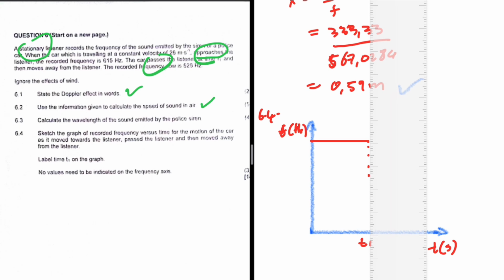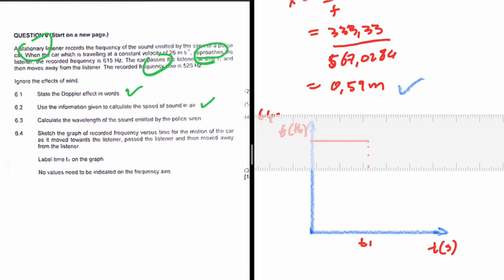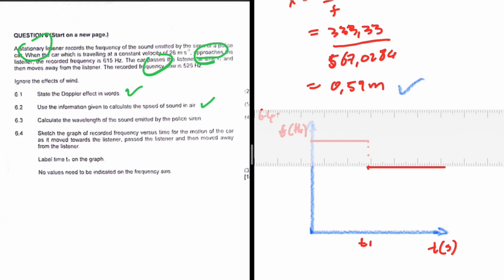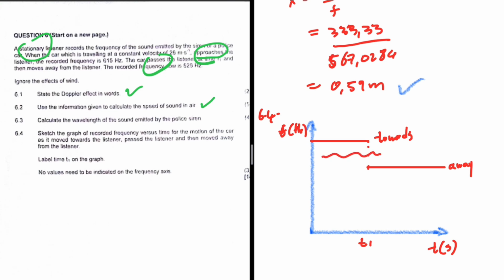So we are expecting something like this. The frequency is going to decrease. The question says sketch the graph as it moves towards; it doesn't say we must indicate which part is towards, but here, this is towards, as it is moving towards. This is away. And then somewhere in the middle here, we have the emitted frequency. There we go.